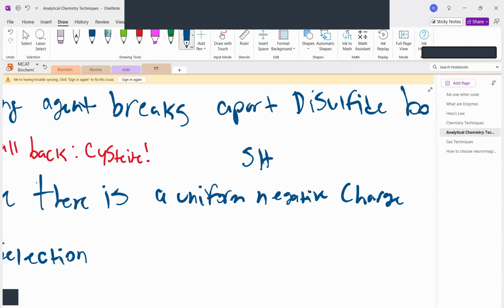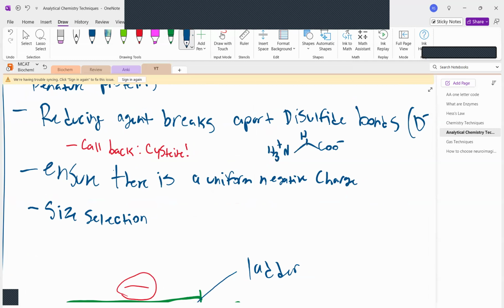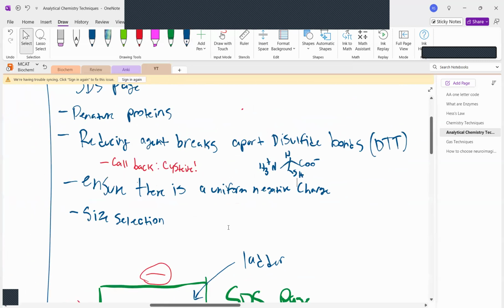That's why cysteine is a really important amino acid. Here, let me draw this better. C, H, boom, boom. That's cysteine.